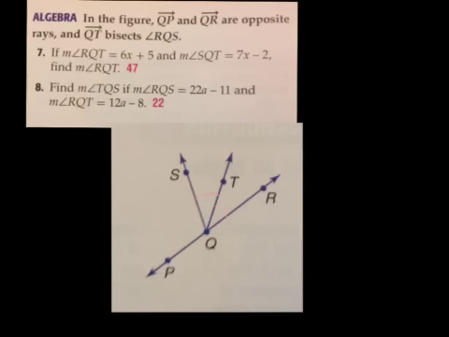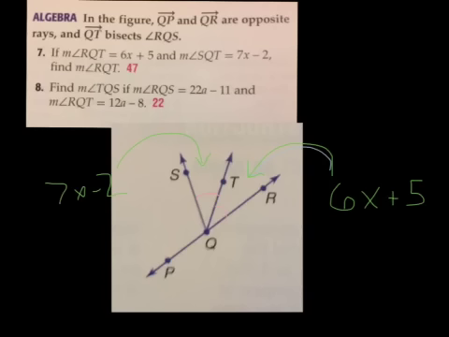So this angle here is 6x plus 5. They're also saying the measurement of SQT is 7x minus 2. This is SQT, that is this angle right here, and that is 7x minus 2.